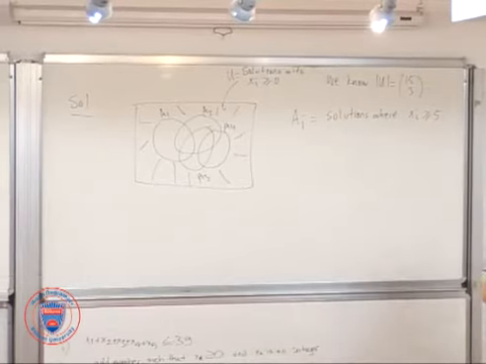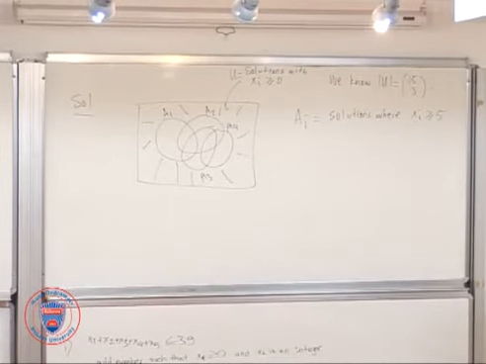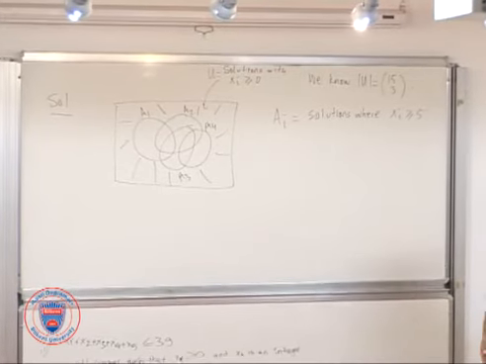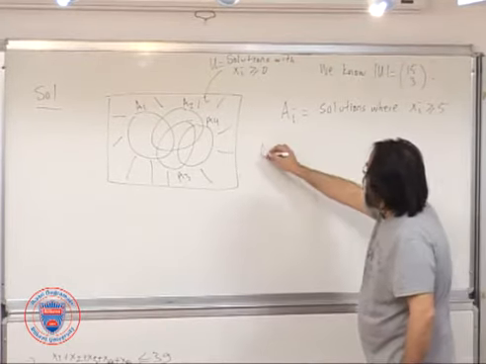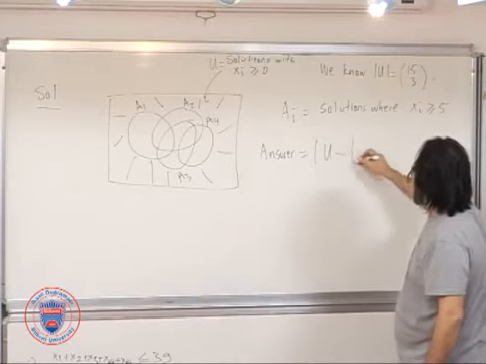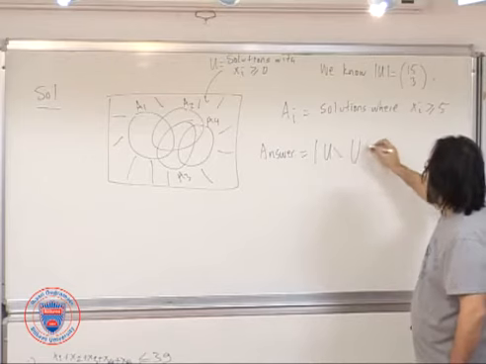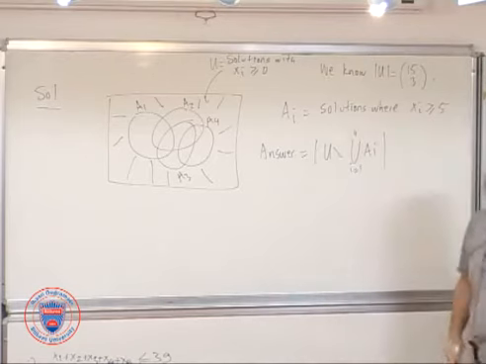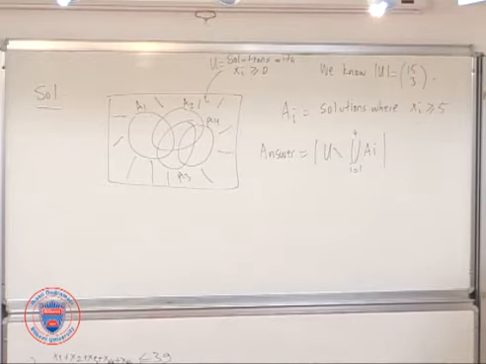So how do you count this set, where you are excluding a union? This is what we did on Friday, the inclusion-exclusion principle. So what you want to calculate is this set, the union subtracted. Okay?